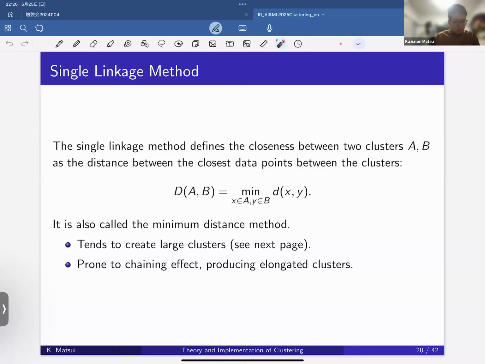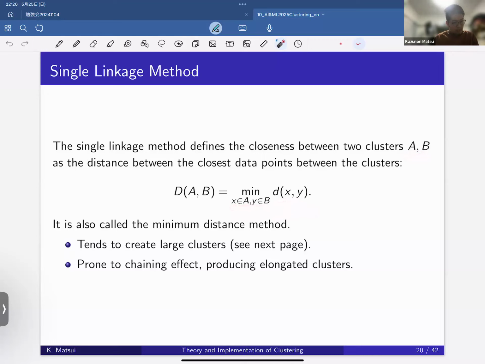The single linkage method defines the closeness between the two clusters A and B as the distance between the closest data points between the clusters. That means we take data from clusters A and B and find the distance. We use the closest distance as the distance between those clusters.